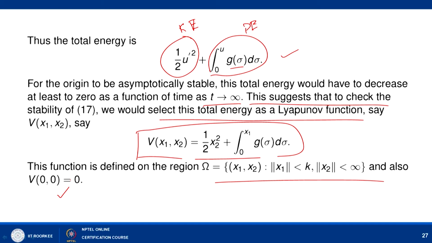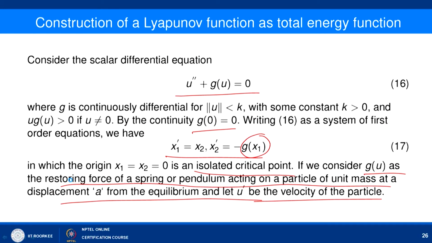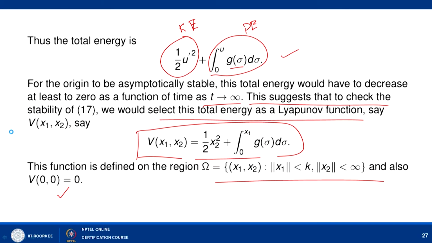And we can easily check that V of x1, x2 is non-negative. In fact, V of x1, x2 is a positive definite function. Here we are putting the condition that u g(u) is greater than 0. So the behavior of g(u) is like this: u against g of u.